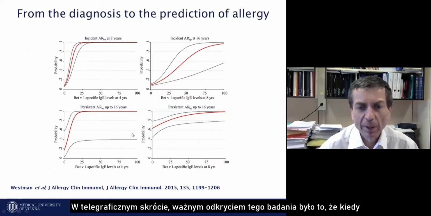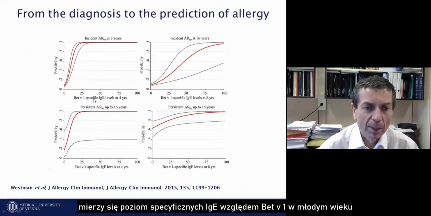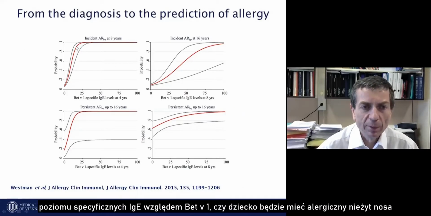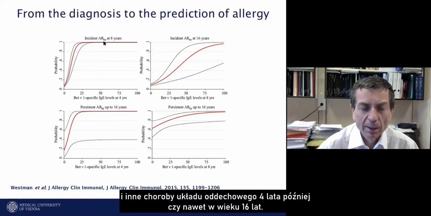And the important finding of the study in a nutshell was actually that when you measure the Bet v 1 specific IgE levels at a young age, and the children still have no symptoms developed, you can already predict, according to the level of the Bet v 1 specific IgE, whether a child will have allergic rhinitis and respiratory problems 4 years later or even at 16 years later.